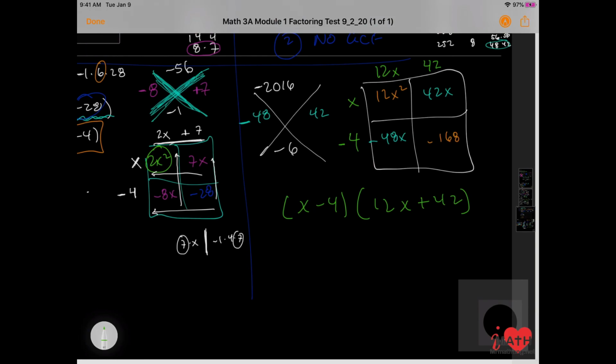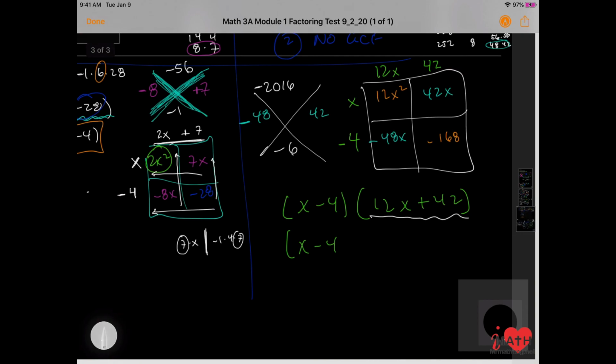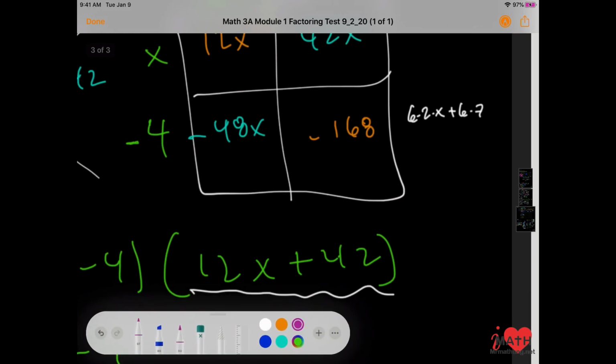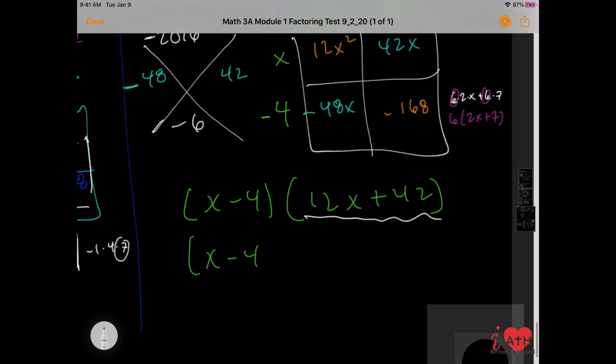But if you think about this problem here, if you broke them up into factors, you would have something like this, right? 6 times 2 times x and 6 times 7. And then your GCF there would be a 6. Does that make sense?